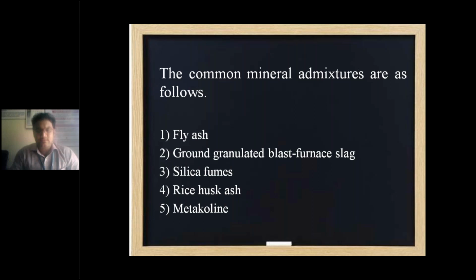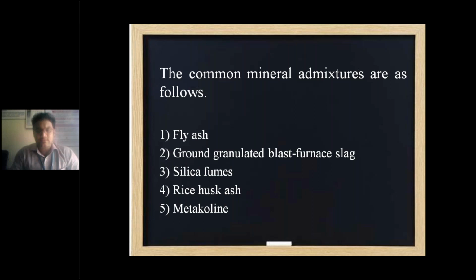And next one, mineral admixtures. Mineral admixtures are the ones which are going to replace materials. What material? Here you are going to replace cement. Why? Because, as I told you, high grade concretes will have a high quantity of cement. When you add more cement, is cement less in cost? No. With more quantity of cement, obviously the cost of the concrete is going to increase.